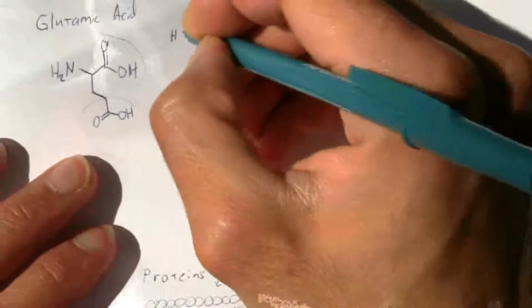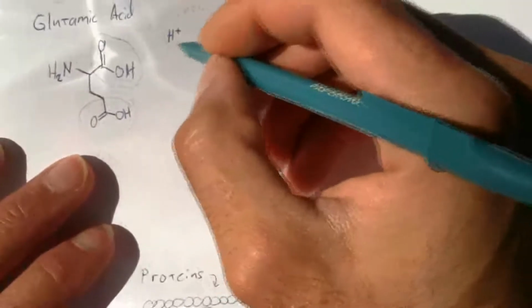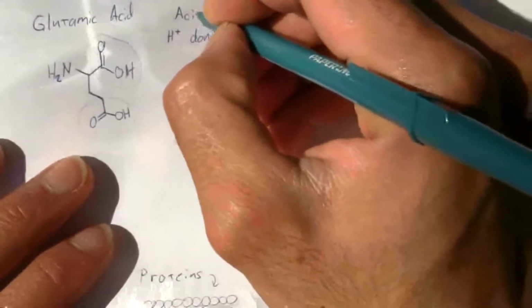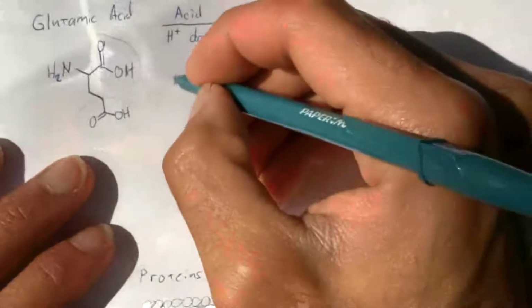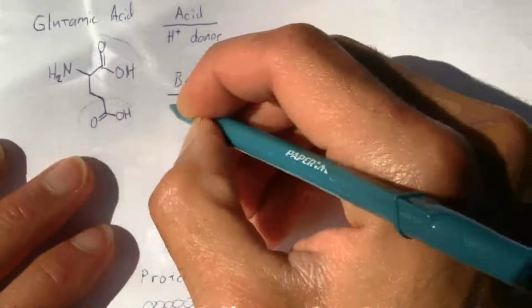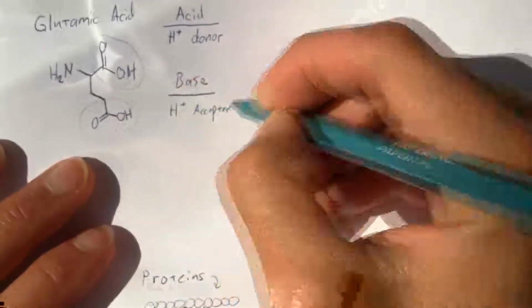And what an acid is, as you may recall, is a proton or hydrogen ion donor. That's the definition of an acid, a proton donor, right? A base, on the other hand, is a proton acceptor.